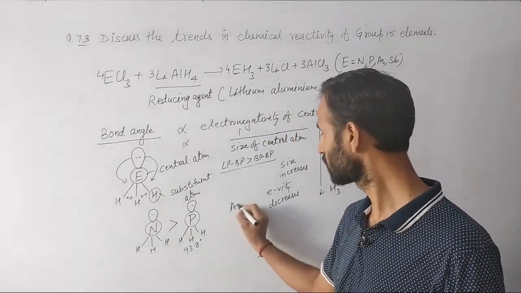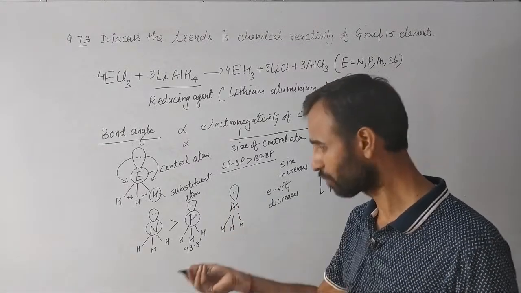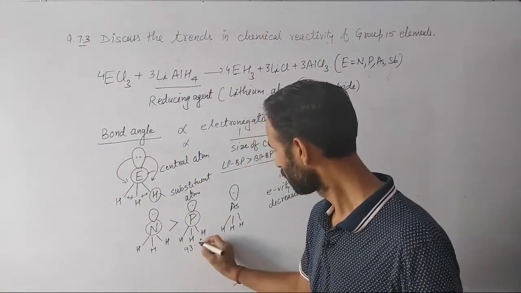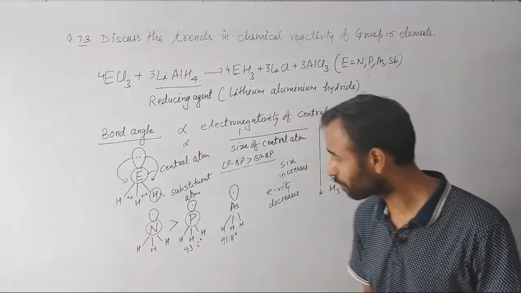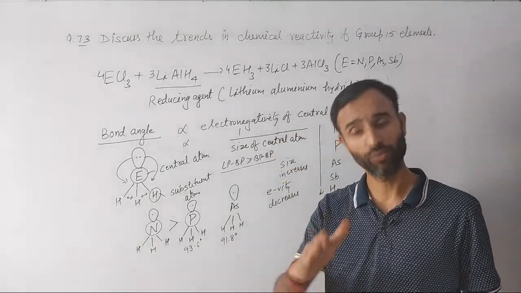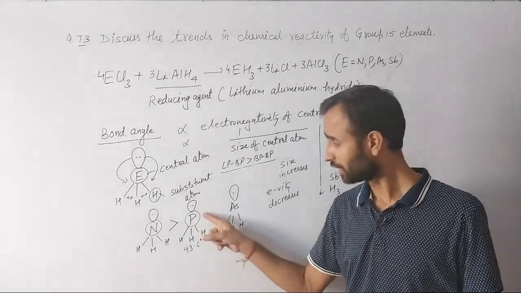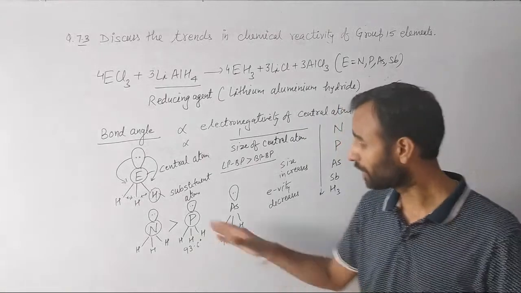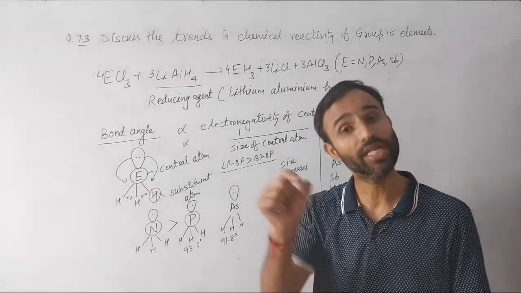In AsH3, it is still less, the angle is 91 point something, I think 93.6, 91.8 degree. So surprisingly, the bond angle of these is close to 90, because if you go to higher classes, you come to know that this lone pair, this phosphorus in PH3 is not sp3 hybridized, meaning hybridization is not considered in these cases, because this lone pair is in the pure s orbital.